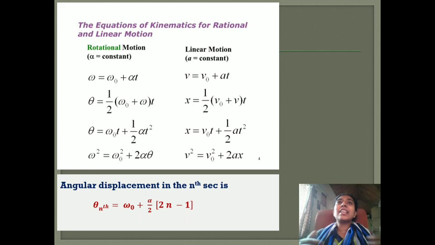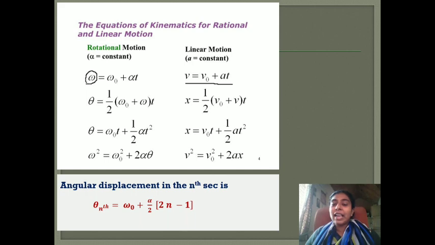Now what is the relationship between the equations of motion in kinematics for linear motion and rotational motion? We know for linear motion, taking the initial velocity as u and the final velocity as v, v is equal to u plus at. So omega, that is the final angular velocity, is equal to the initial angular velocity omega naught plus alpha t.